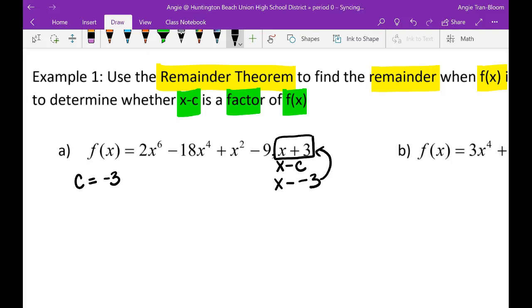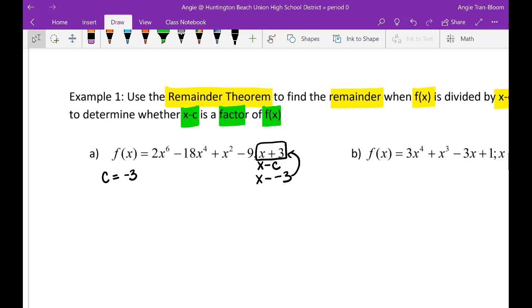So c is always the opposite. If it's x plus 3, then c is negative 3. If x minus 3 is what we are dividing, then c is a simple 3.